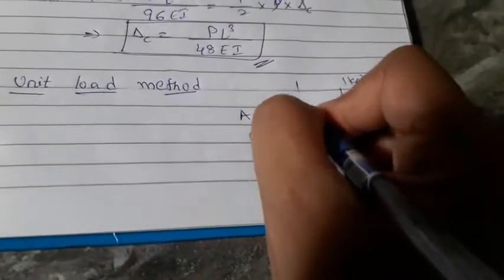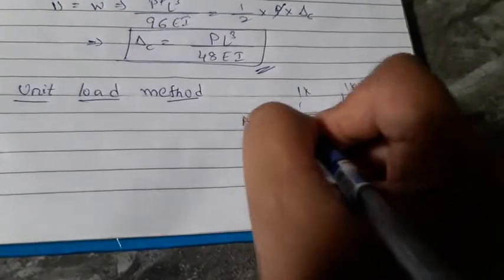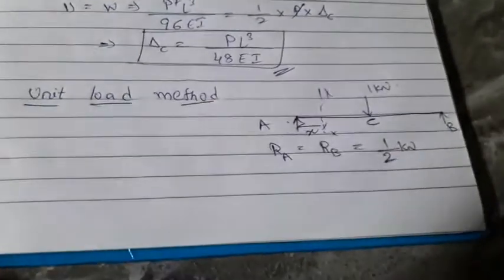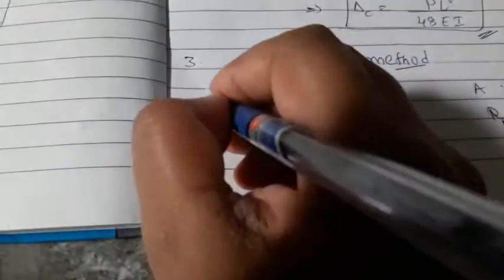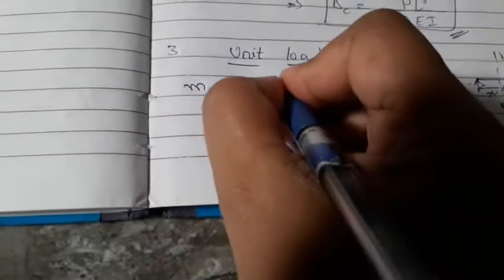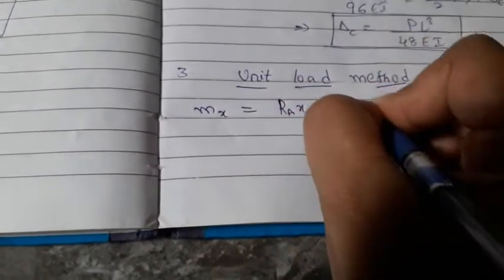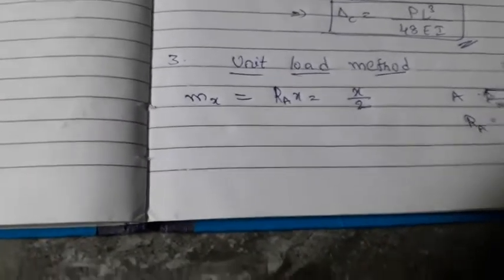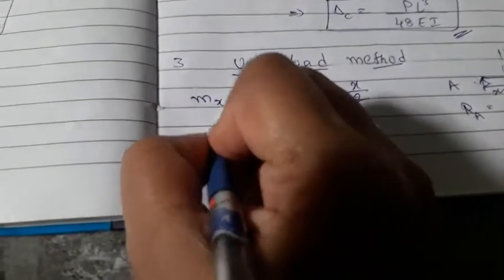Let us take a section XX here and let this distance be x. So because of this 1 kilonewton, what will be the moment? Let us denote it by small m. mx is equal to RA into x, which is x by 2. So unit load method, we have a formula for deflection.